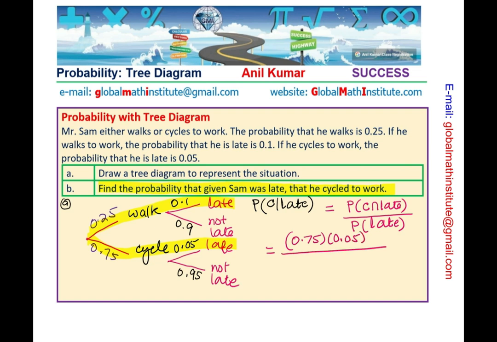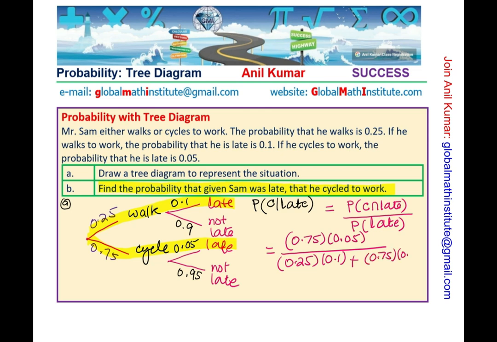And the probability of being late could happen in two ways, which is 0.25 times 0.1 plus the other one, which is 0.75 times 0.05. So that is what you need to calculate to get the answer.